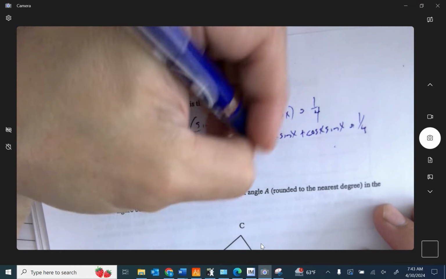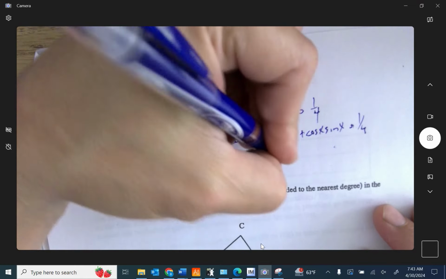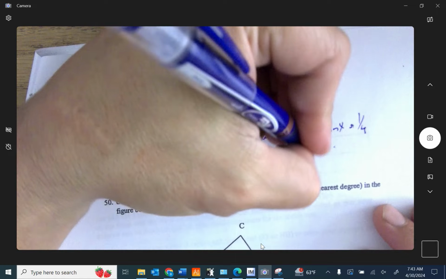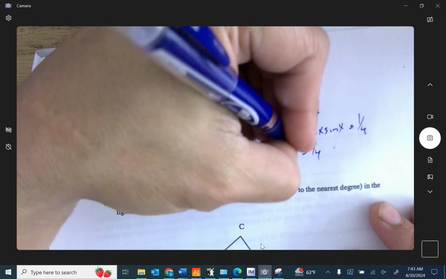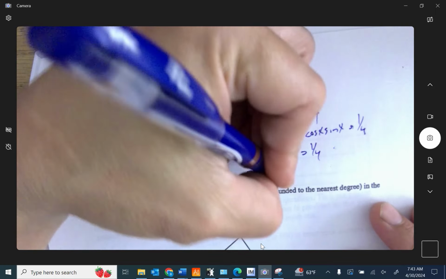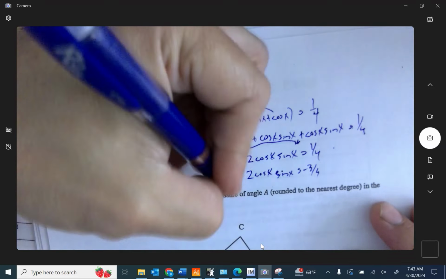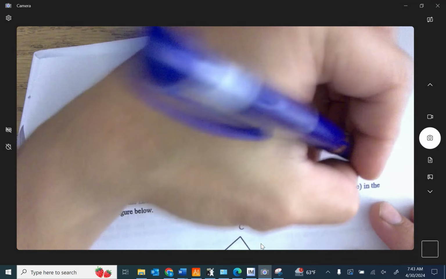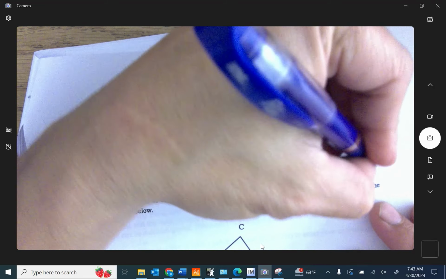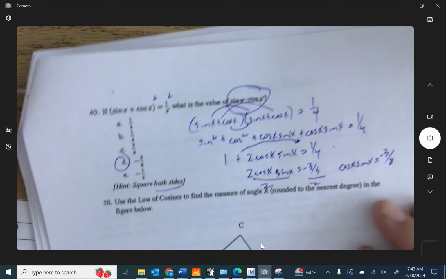And then I have this. 2 cosine x sine x equal to a quarter. I subtract the 1. 2 cosine x sine x equals negative 3/4. And I divide out my 2. And I get that cosine x sine x is negative 3/8, which is exactly what they were asking for.